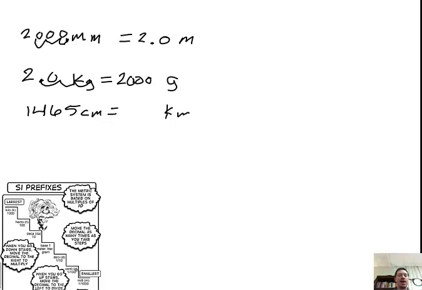So we're dividing by 10, 100, 1,000, 10,000. So we're dividing by 100,000, or we're moving our decimal place to the left 1, 2, 3, 4, 5 places. So our new number is 0.01465 kilometers. And we'll practice this a little bit more, but I think that's all we have for now.